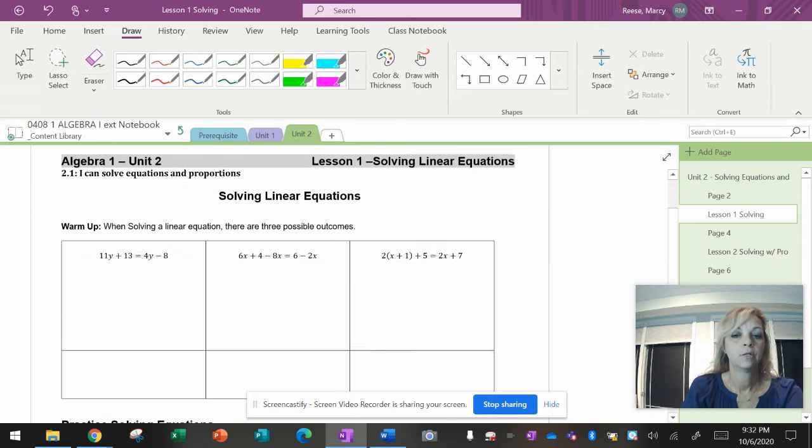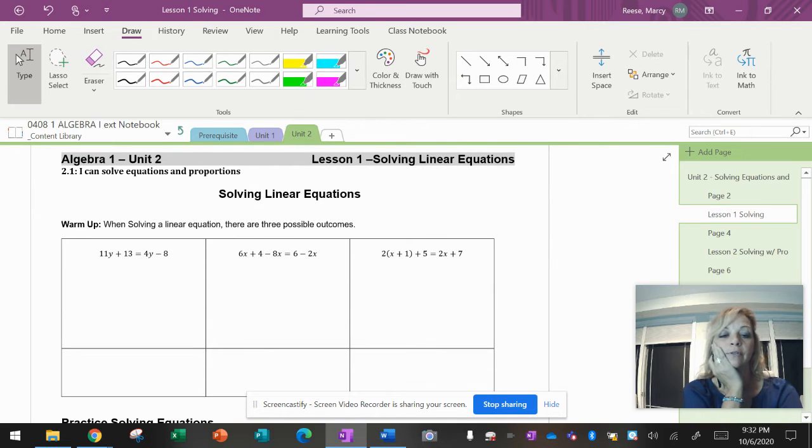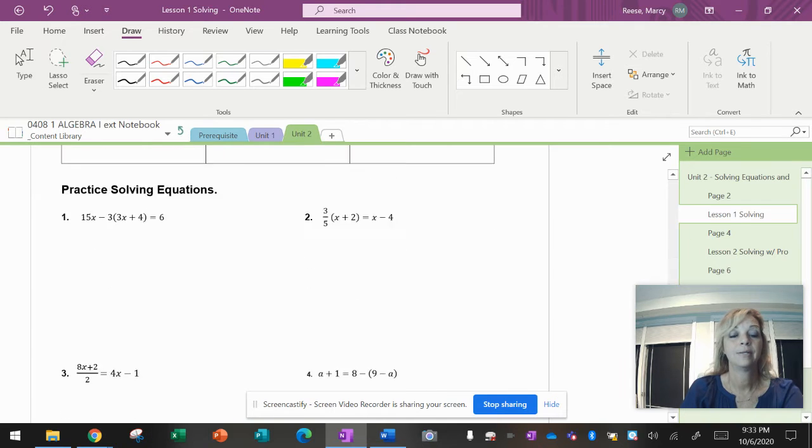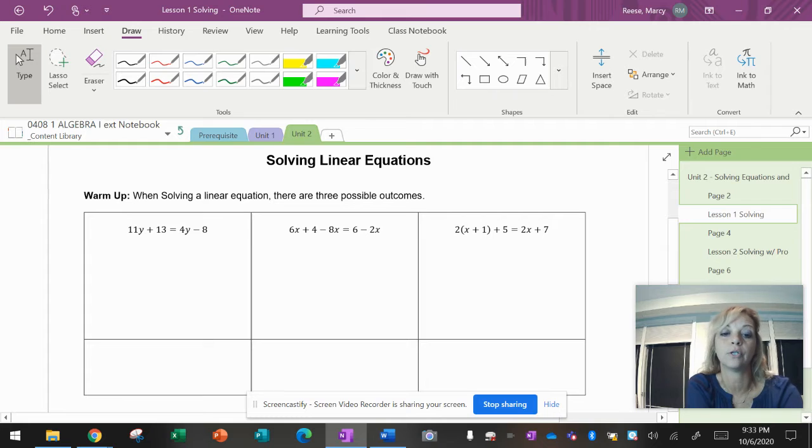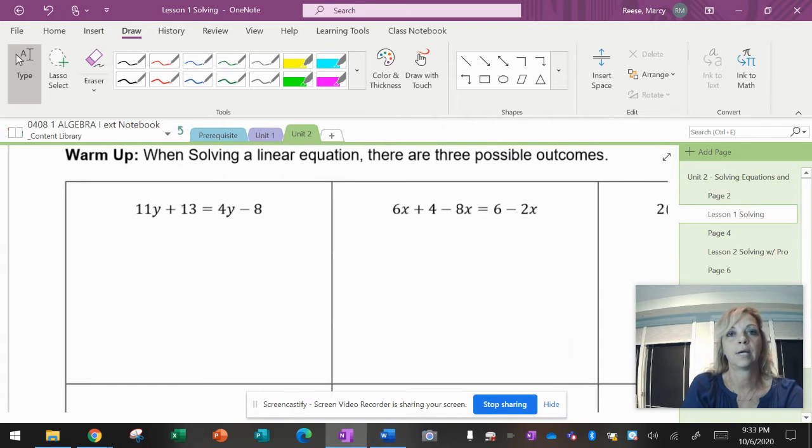Okay. So lesson 1, solving linear equations. As I promised, you've got 7 equations. Our warm-up says when solving a linear equation, there are 3 possible outcomes. Remember when you solve equations, you get the variables to one side and the constants to the other.